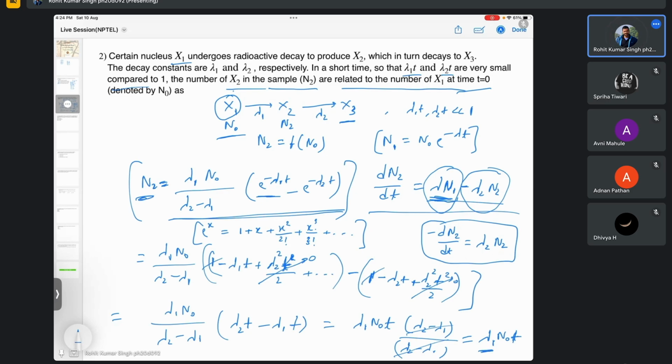It doesn't depend on lambda 2, the decay constant of the second sample. It depends on the decay constant of the previous sample, X1, from where it is getting created, for a short time t. So this is very interesting.